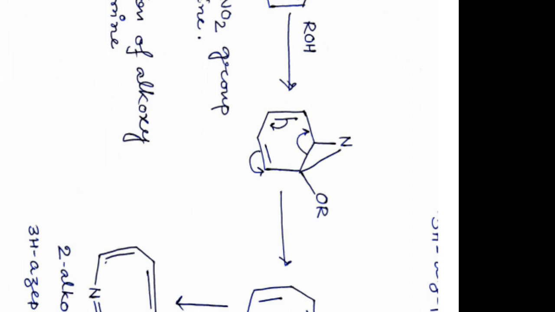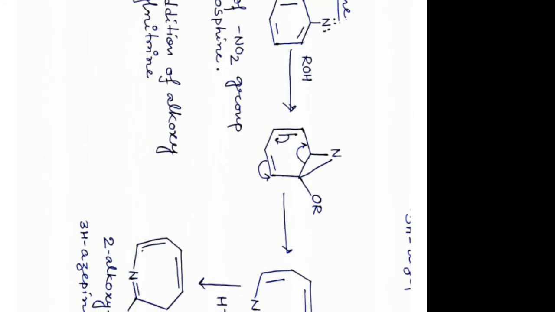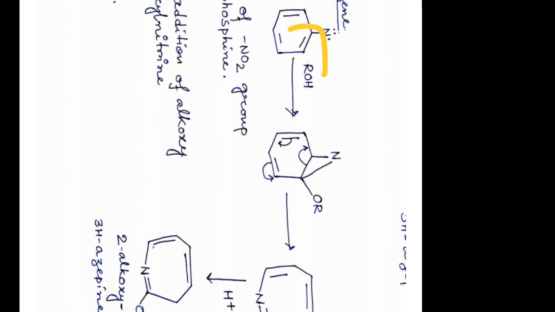In the next step, the deoxygenated nitrobenzene reacts with the OH group along with any R, that is an alkyl group present in the structure, and there is a rearrangement of the ring system. As you can see, the OR moiety is attached at the specific position, and the double bond present in this structure is opened, and one of the carbons is attached with nitrogen and another bond is with OR. There is also a rearrangement of the bonds.